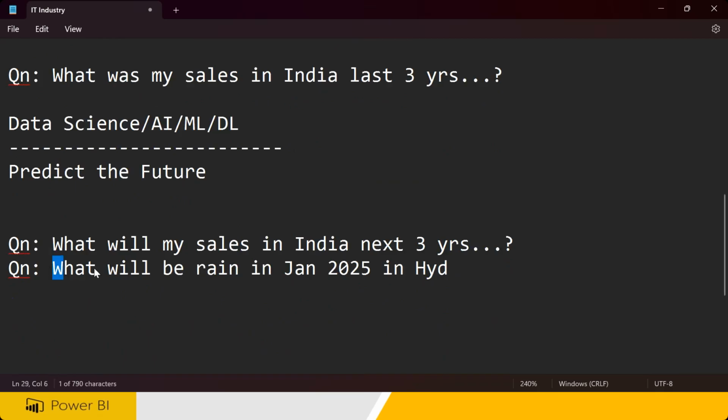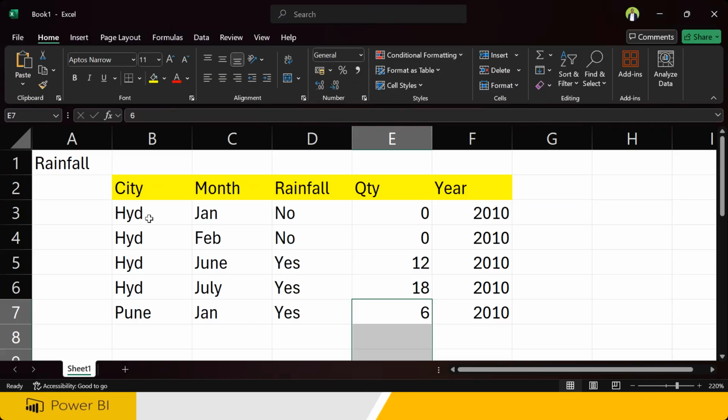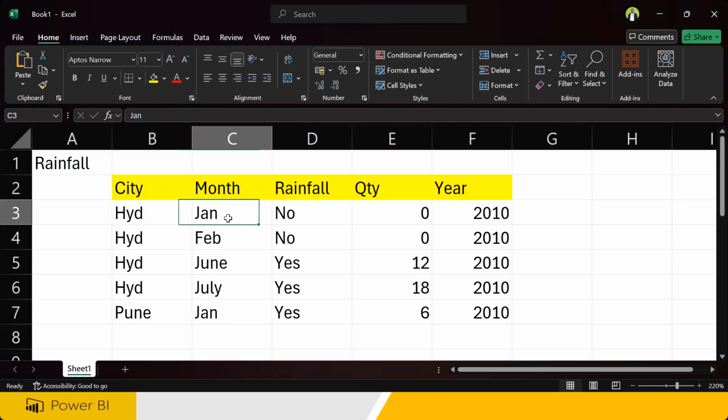I wanted to predict what will be the rainfall in Hyderabad in Jan 2025. What I do, I will go to historical data. I'll go to Hyderabad and see what is the data. There is no rain. 2011 data I will also see. January Hyderabad, no rain.